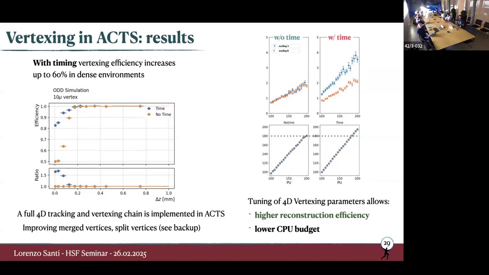This means that time can help a lot in a very dense environment. On the right plot, you see two seeding examples, two different grid seedings: the left plot without time and the right plot with time. You can see that with time we can have a higher reconstruction efficiency with a lower CPU budget.